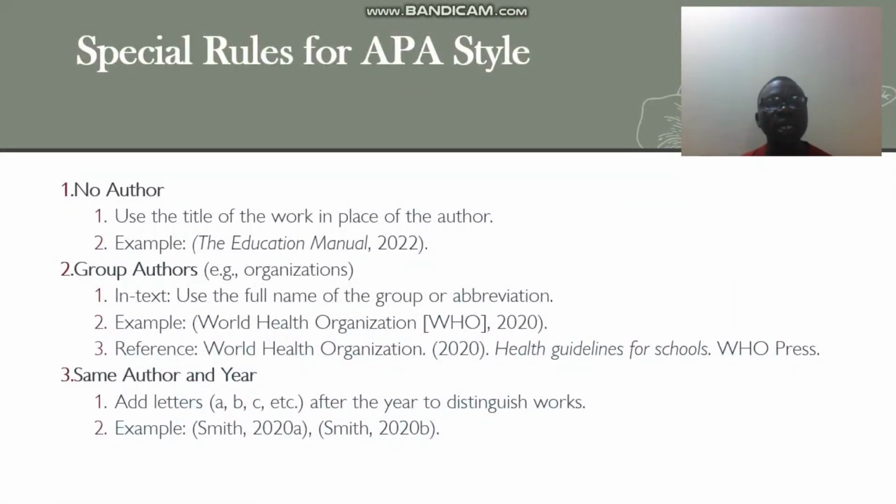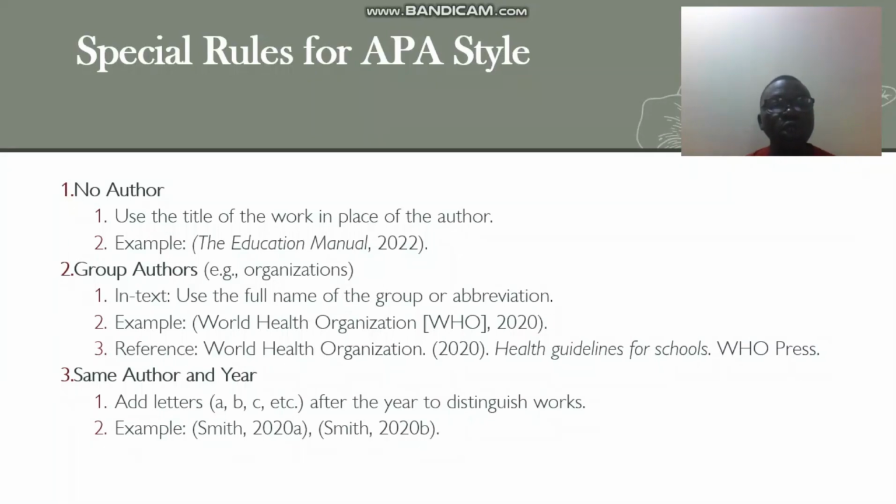Okay, we've talked about the case where you have one author, two authors, three or more authors. Additional rules to that is when there is no author in the work that you're doing at all. When no author is written there, what do you do?